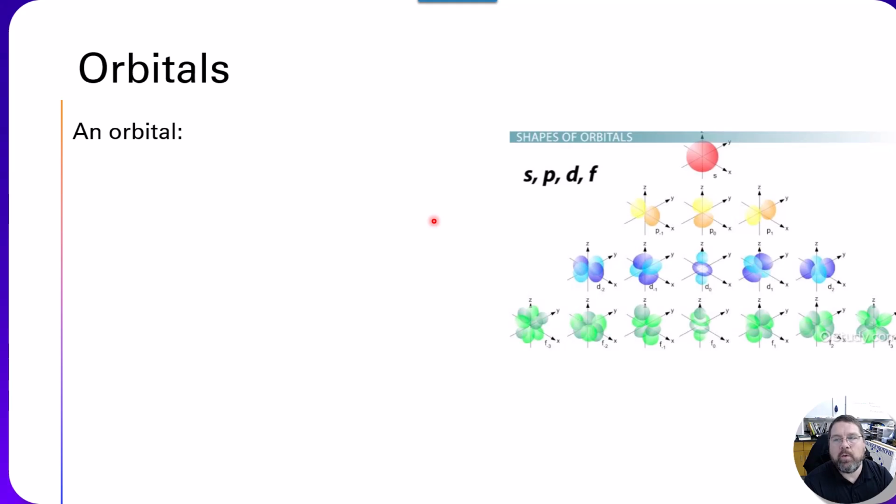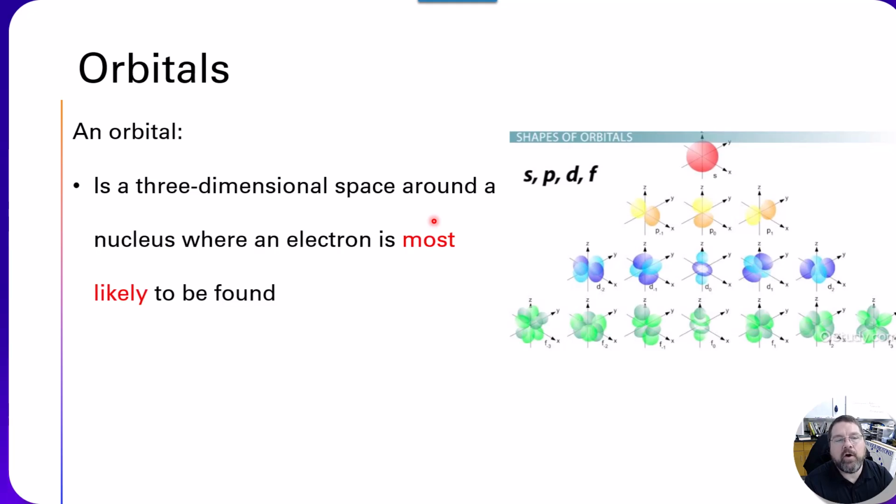All right, so when we talk about orbitals, again, orbitals are the areas in space around the nucleus where you're most likely to find an electron. Now, a lot of times we'll show these orbitals, and you can see here they look like fairly well-defined geometric structures, lobes, a sphere, that sort of thing.